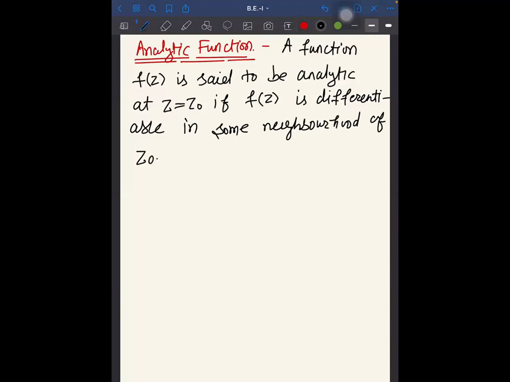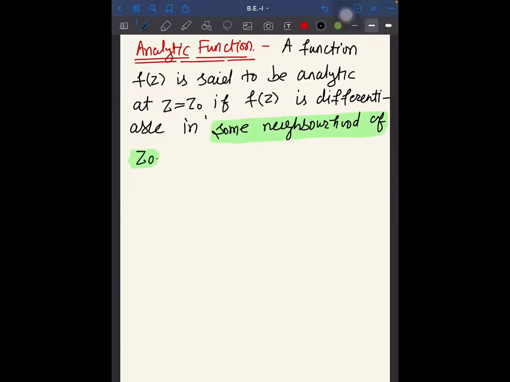So always keep in mind here I'm taking a bigger restriction. That means a function should be analytic only when it is not differentiable only at z equal to z naught. It should be differentiable in some neighborhood of z equal to z naught. So this is a bigger restriction, right?